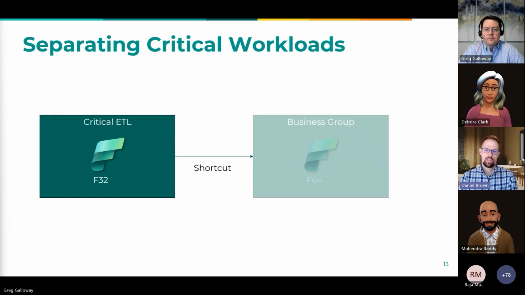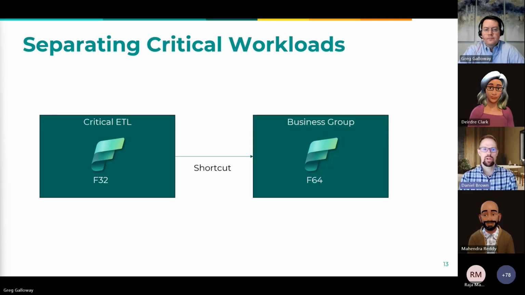The last is one to call out: the ability to separate out critical workloads. So you might have some critical ETL. You might start to develop Fabric Data Factory pipelines and warehouses and notebooks to help with your ETL layer. So that can sit on its own capacity. We'll talk in more detail later on this concept of shortcuts, but you can shortcut data over to another workspace where it's just a pointer, and your business groups can have their own capacity.